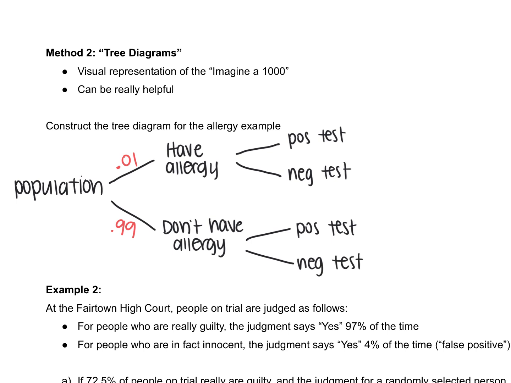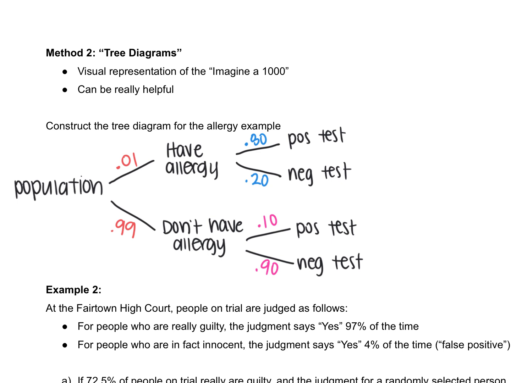And we know if you have the allergy and you have a positive test result, that happens 80% of the time, so 0.80, which means a negative test result 20% of the time. And then for don't have allergy, you get a positive test result 10% of the time, which means you get a negative result 90% of the time.